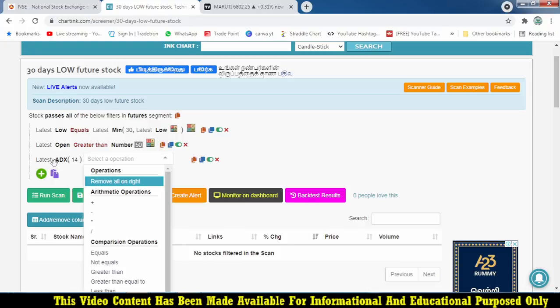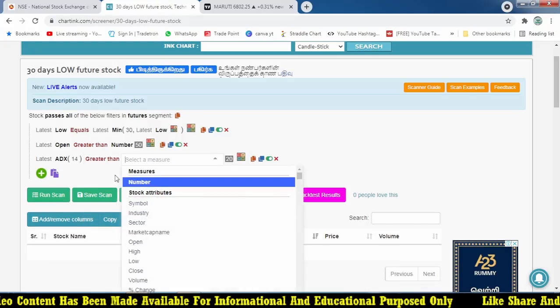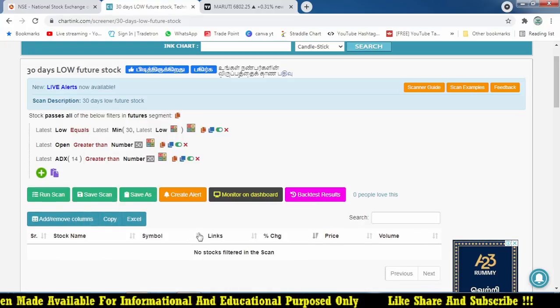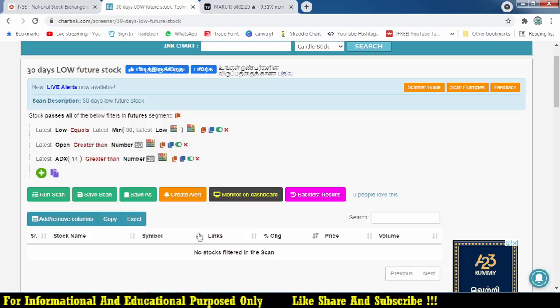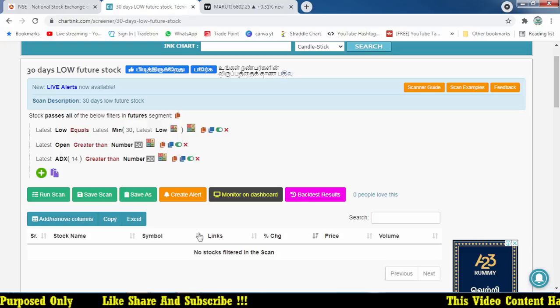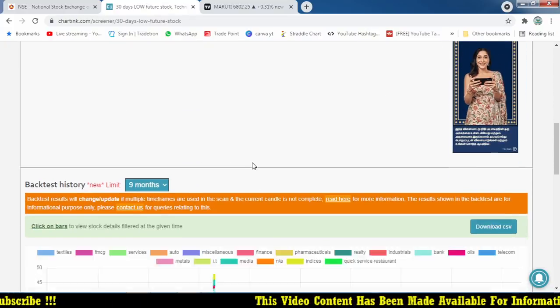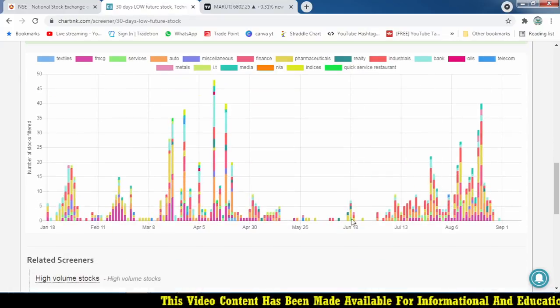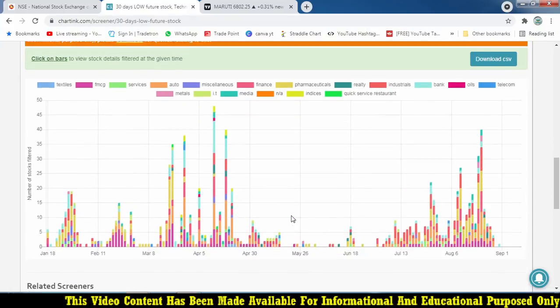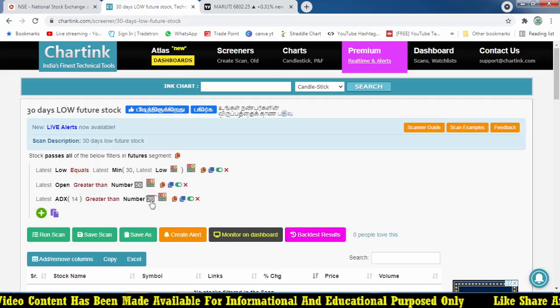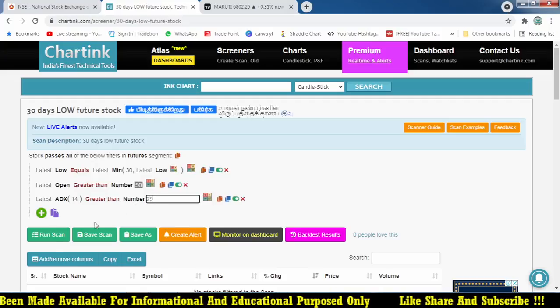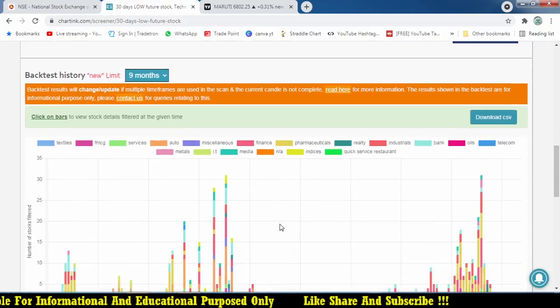The 14 period ADX is greater than number 20, because if the stock has ADX of more than 20, it is a trending stock, whether it is going down or going up. Now we filter out many more stocks, and even let's go for 25. Let's take it out, so it filters out many stocks.